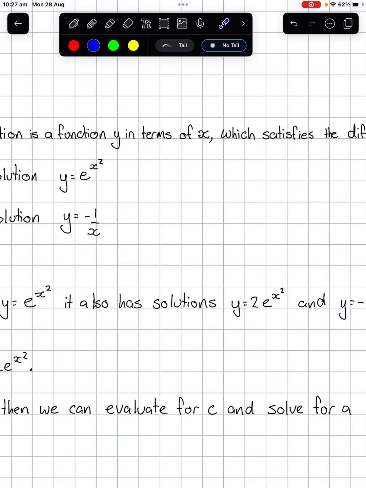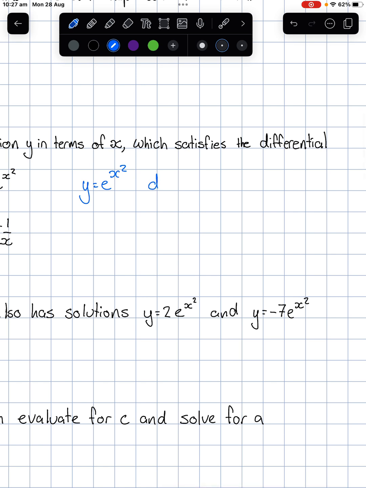If we were thinking about y equals e to the x squared, and we were going to take the derivative of this, dy/dx, it's going to be e to the x squared, because the derivative of e to the x is e to the x.